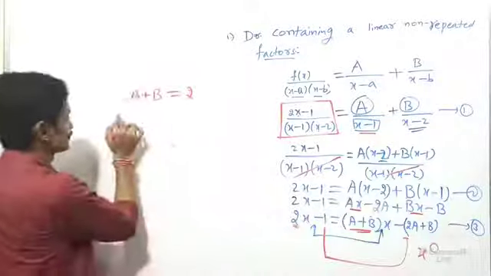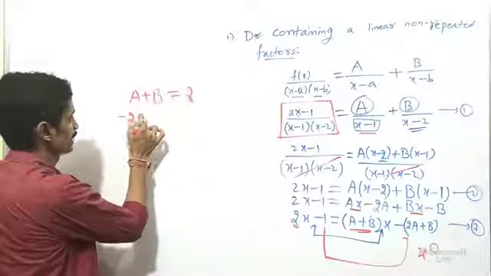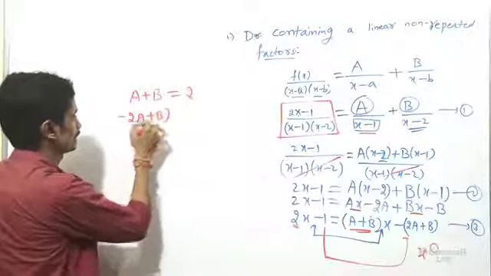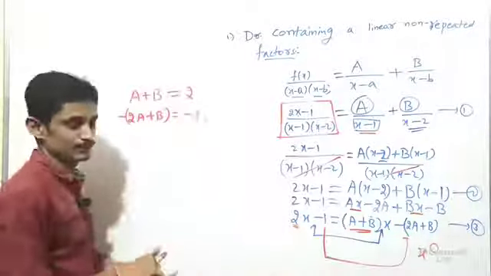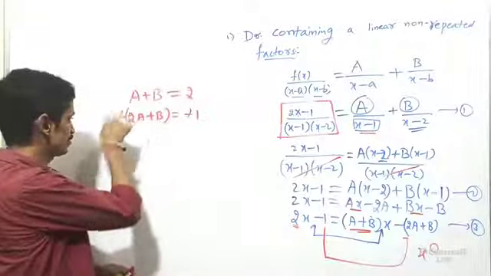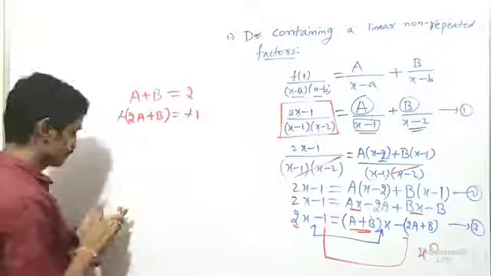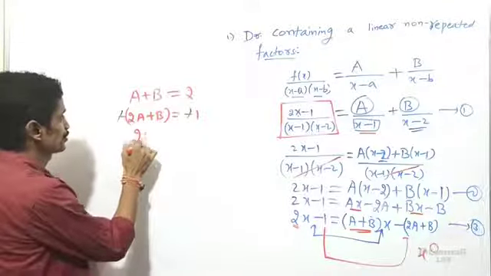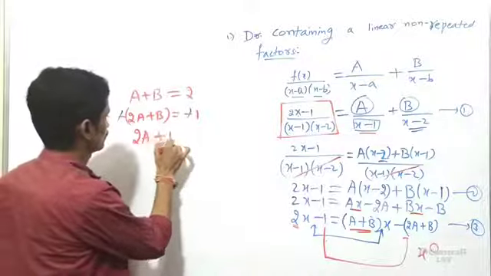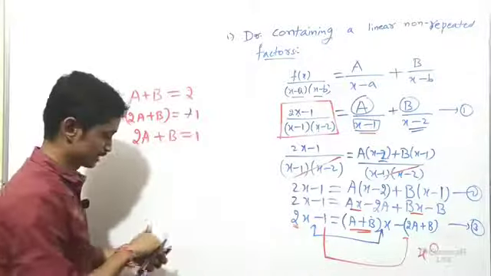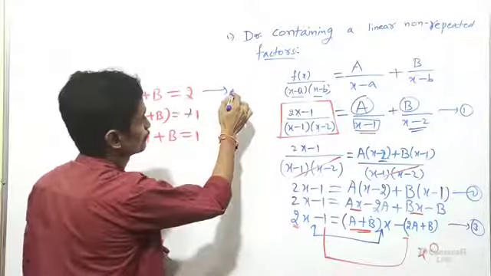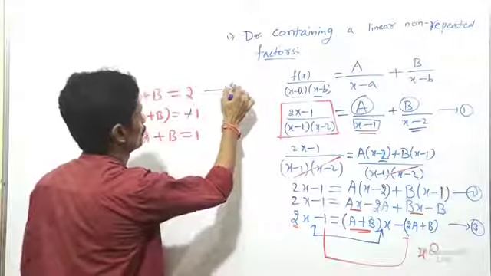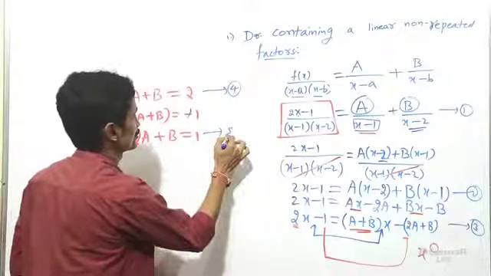Now I write minus of 2a plus b in one bracket equal to the constant minus 1. Just cancel the minus sign. The remaining part you write: 2a plus b is equal to 1. Calling it equation number 4, and this one, equation number 5.